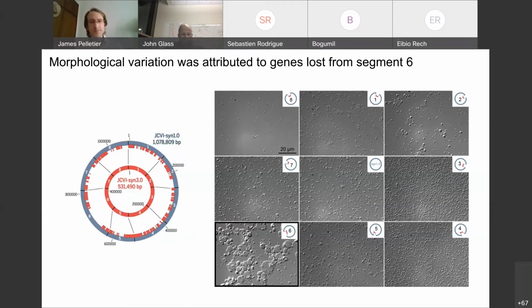But in this case, we lucked out in the sense that the minimized segment 6, in the context of an otherwise wild type genome, was the only minimized segment that conferred this strange morphology. And so therefore we were able to restrict our attention to the 76 genes that were missing in this 1/8 minimized cell, as opposed to the 428 genes that are missing in SYN 3.0 compared to SYN 1.0.